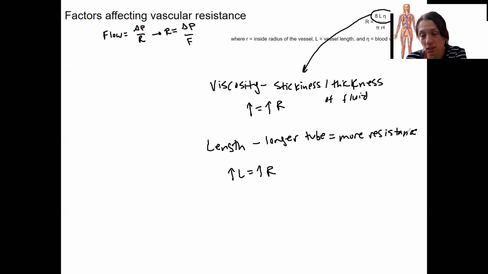This is also something that doesn't change in your body, besides from infant to adult, where you actually do have changes. Kids have lower resistance in their circulation and lower blood pressure. That's one reason for blood pressure rising as you become an adult and grow. Your blood vessels get longer and have more resistance, and then you have the higher blood pressure to push through them.